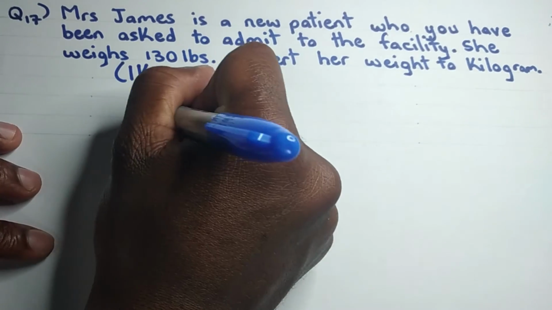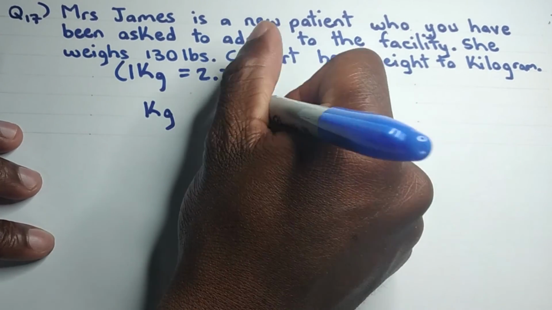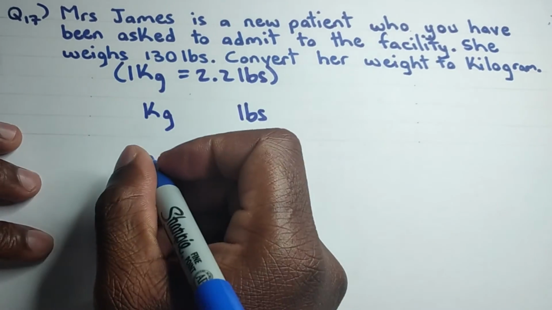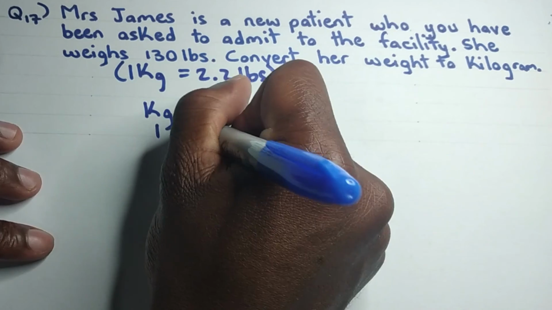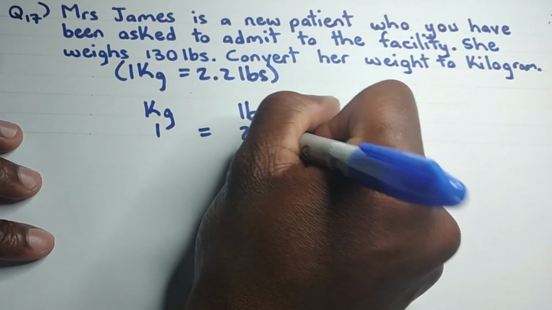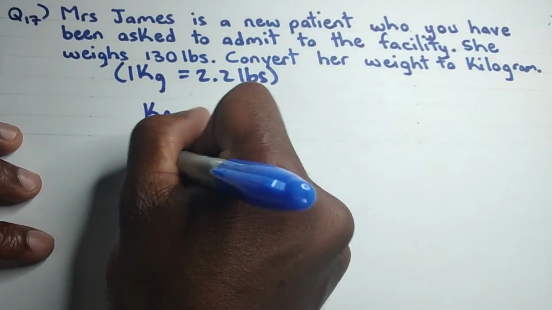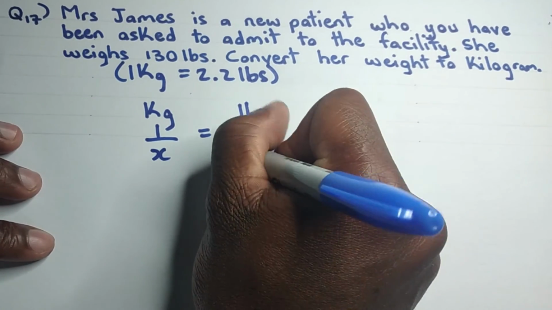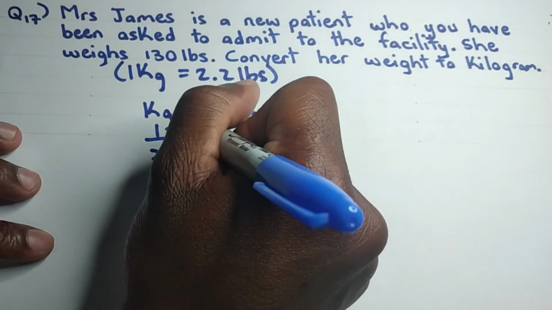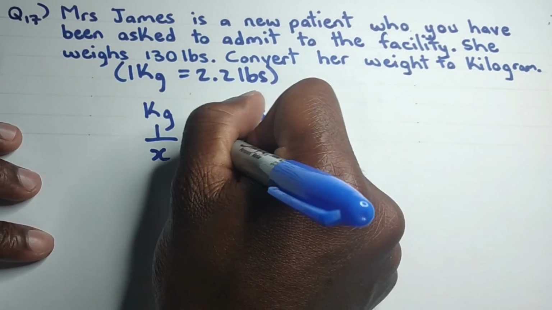So we can do that in proportion, alright? We'll compare kilograms with pounds. We know that 1 kilogram is equal to 2.2 pounds, and we want to know the equivalent in kilograms for 130 pounds. Now we can cross multiply.